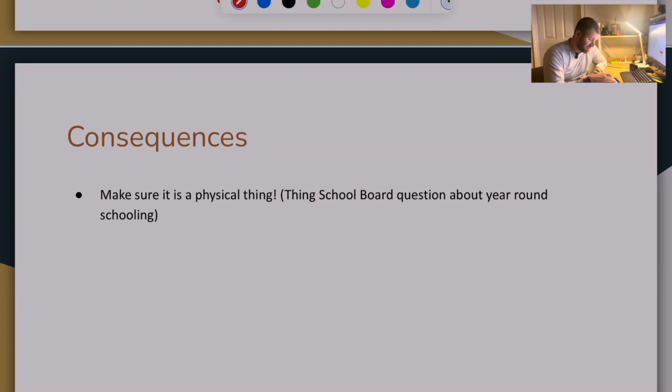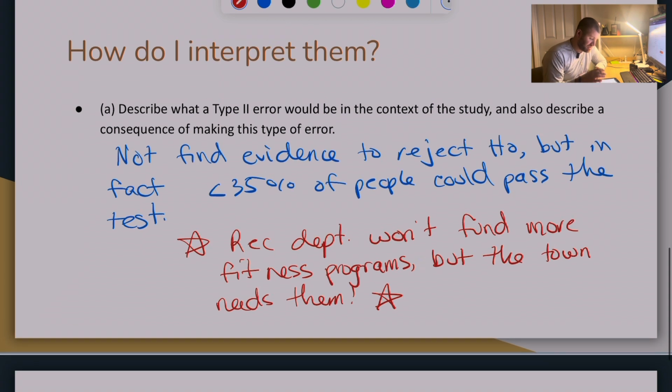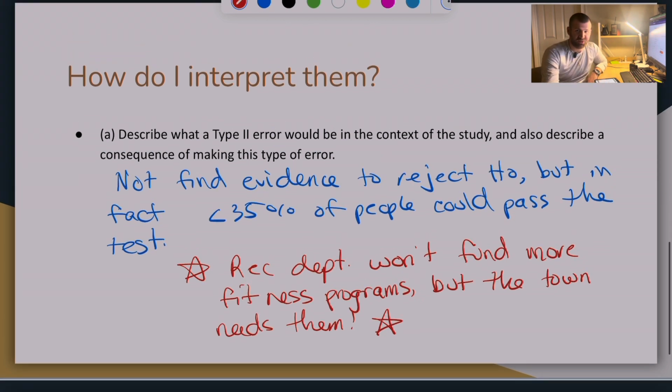So in this particular case, that same thing applies. When you're interpreting an error, interpret it exactly how the definition is. If it's a type 1, I reject my null hypothesis, but in fact that null hypothesis was true, and insert the context from the problem. And for the consequence, make sure it's a real physical thing, not just some nebulous, inaccurate data, misinterpretation.